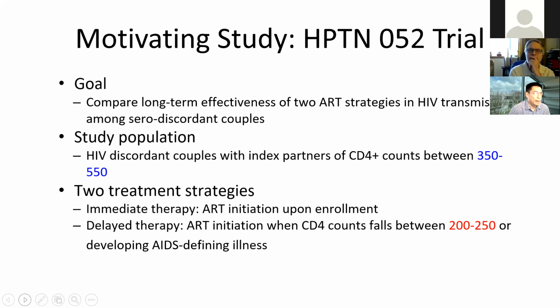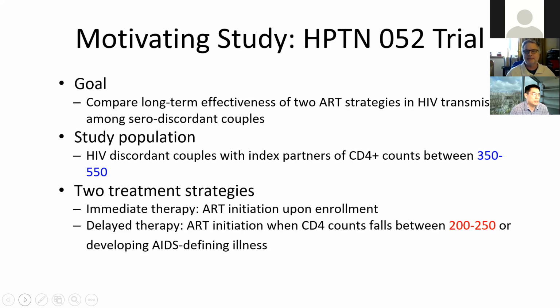It studies whether immediate therapy, providing antiretroviral drugs to HIV infected patients when they are yet to develop serious symptoms, can help prevent HIV transmission from HIV infected partners to their loved ones who are HIV seronegative at that moment.